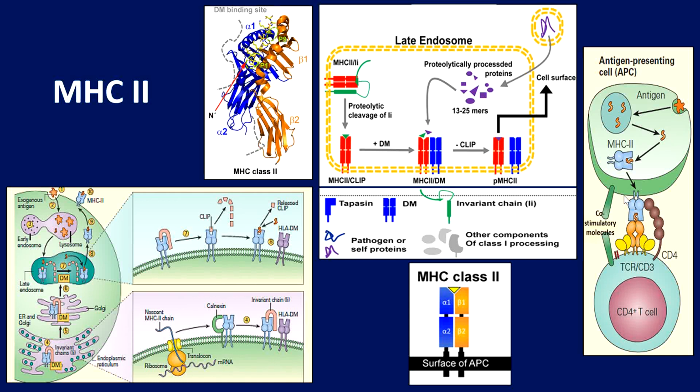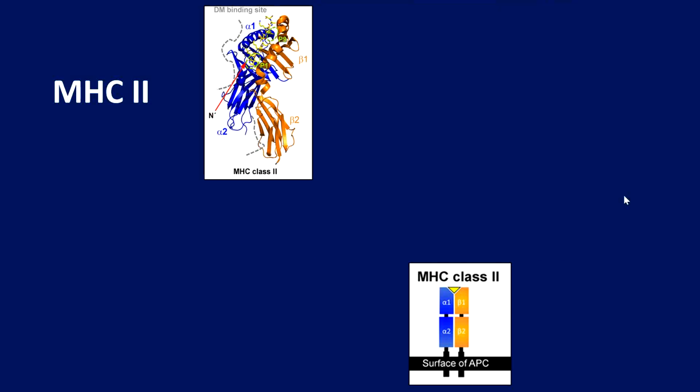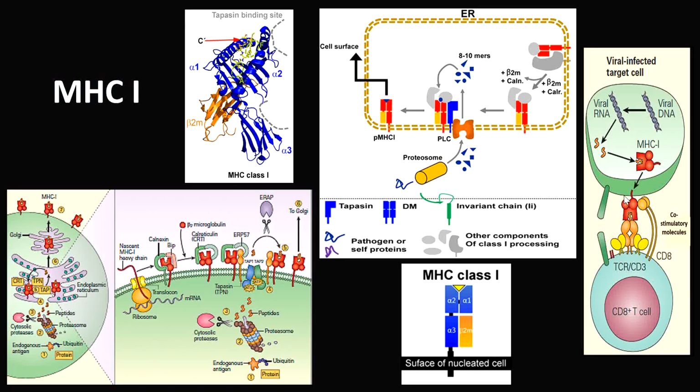Now these antigens are recognized by specific receptors present on the cell surface of B cells and T cells. Here you can see the T cell receptor with CD3 and CD4, which is expressed on the CD4 positive T cells. If you remember MHC1, there are CD3 and CD8, which is expressed on the CD8 positive T cells.